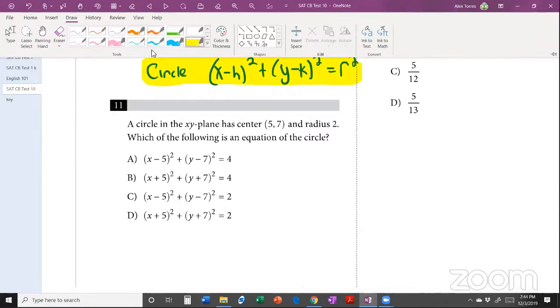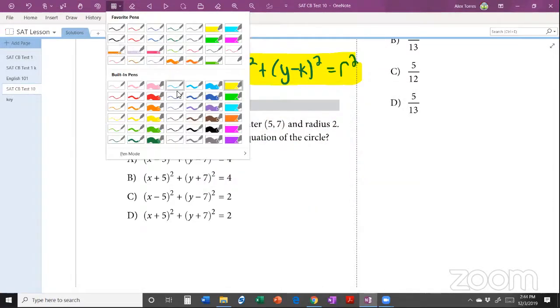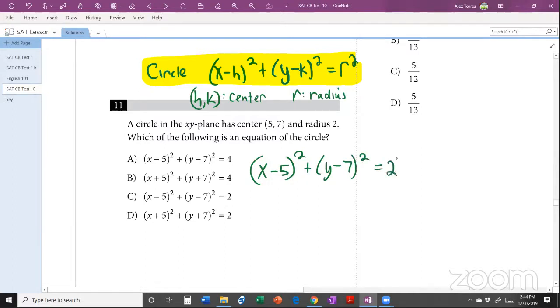And when you're doing this, h and k are the center, and r is the radius. So x minus 5 squared plus y minus 7 squared equals the radius squared. So 2 squared is 4. So we're going to have x minus 5, y minus 7, and 4. So the answer for number 11 is A.